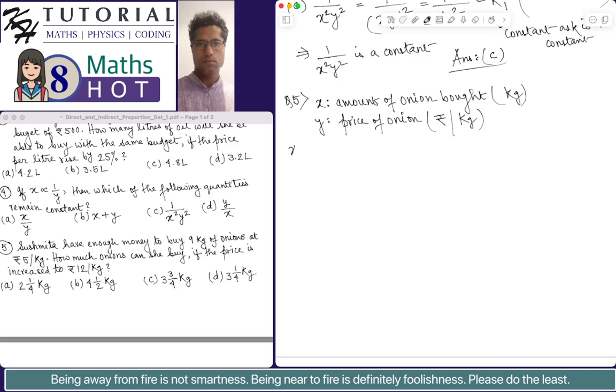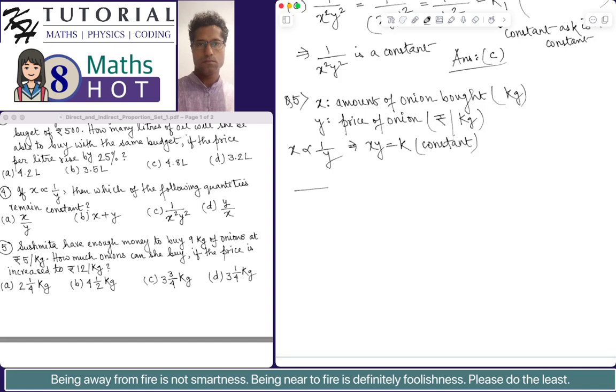So we can say that these two quantities x and y will be inversely proportional to each other. That is, their product will be a constant, that is, corresponding values of these two quantities will give the same constant, which is known as the constant of variation or constant of proportion.